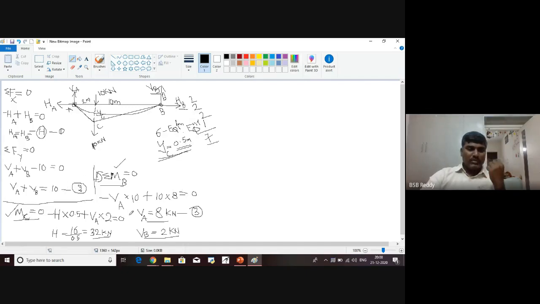Using the equilibrium equations, which are not sufficient, that's why we have used a condition also. This is the condition that moment at C is equal to 0.